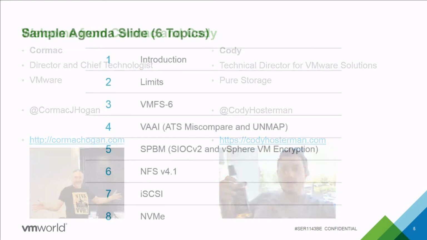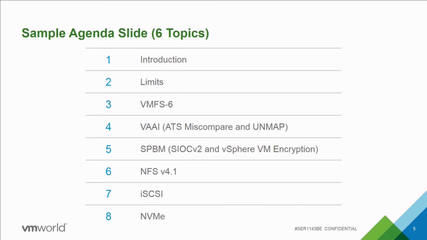It's empty. Cool. So this is what we had a bit of a brainstorming about, what we would talk to you about. We're going to talk about some of the new limits that were introduced in 6.5. Cody will kick that off. I'm going to talk to you about VMFS 6 and all the improvements that we have made to that most recent version of VMFS. Then Cody will come back in. He'll talk about our array integration primitives, commonly known as VAAI, which I can never say properly.